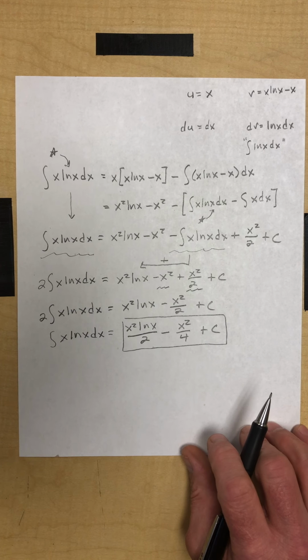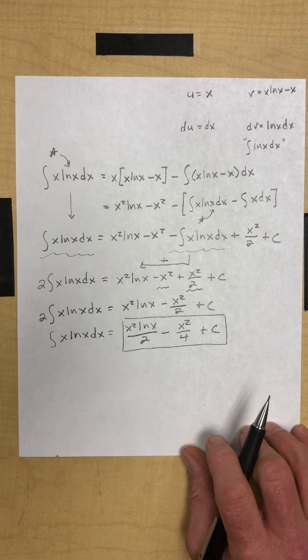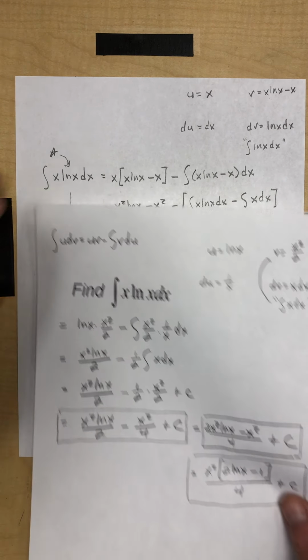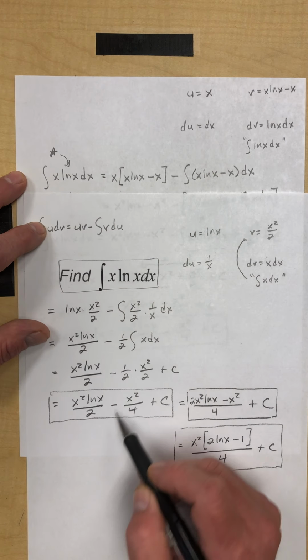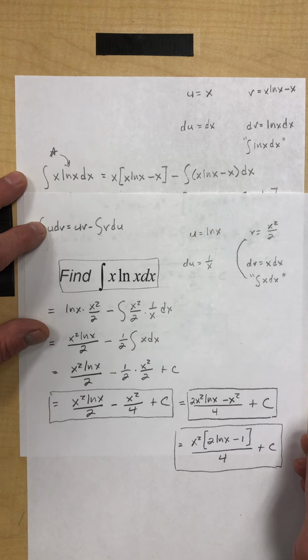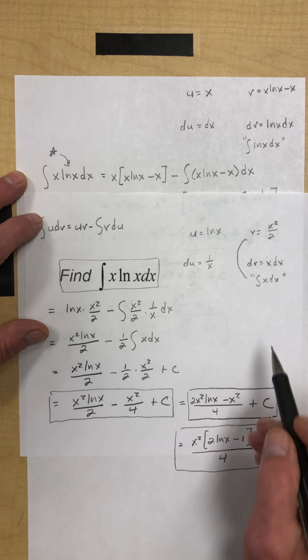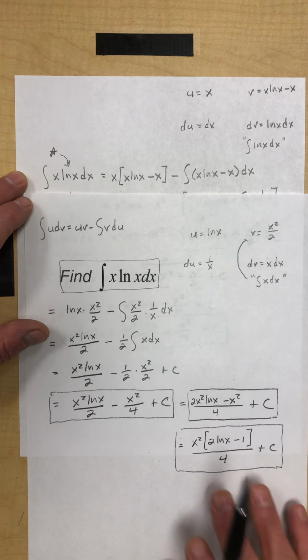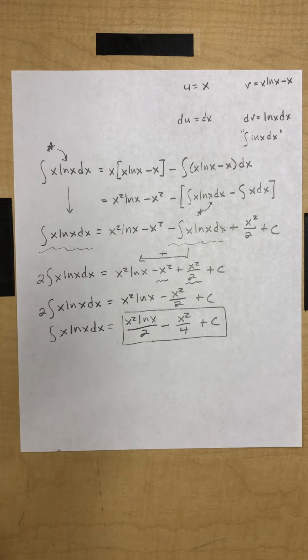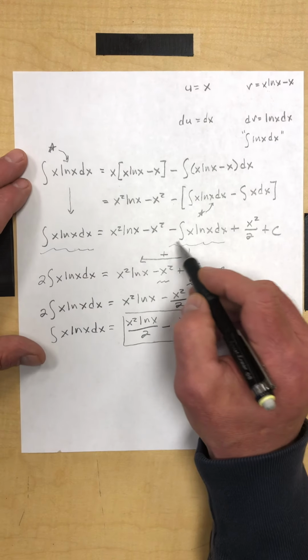This one's a little bit tougher, but the reason I wanted to go through both of them is, number one, this is one of the few problems you run into where you have multiple ways to do it. It'll work both ways depending on what you let u be and what you let dv be to start. And it's also because of this little technique.